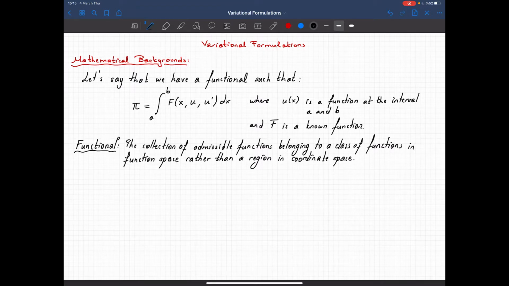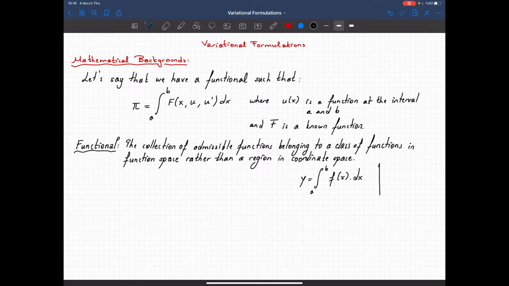So let's sit back and try to understand what a functional is. I think it's better to first discuss an integral in the following form, f of x dx. Let's say that y is equal to the integral of f of x dx. What does this integral tell us?